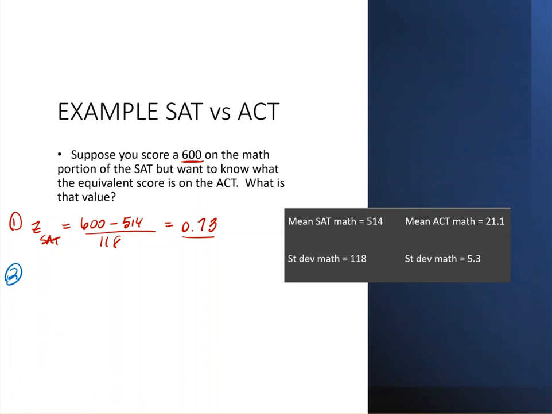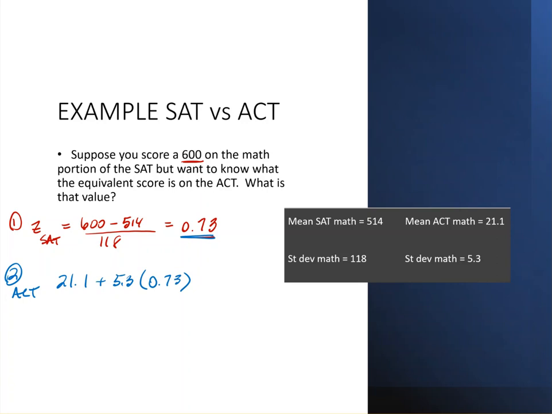So if I come over here, this is for my ACT. I know my ACT average score, or the mean score, starts at 21.1, and then we're going to add 1 full standard deviation of 5.3 to come up with a score. But remember, I didn't quite make it 1 full standard deviation. I only made it 0.73 of a standard deviation.